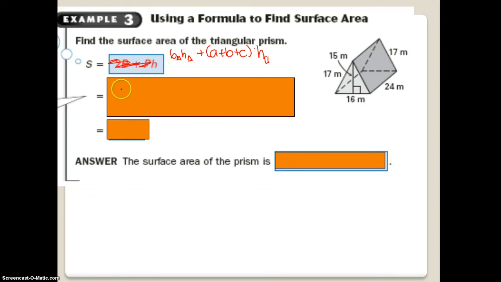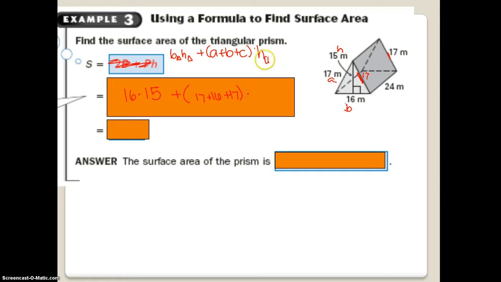So the base is 16, because that's the triangle. The height is 15, because that makes the right angle. So we have 16 times 15, those are the two heights, plus all the sides of the triangle. So this is A, that's B, and what's this side? Well, it's the same thing as this side, so this is also 17. So we're taking 17 plus 16 plus 17 times the height of the prism.